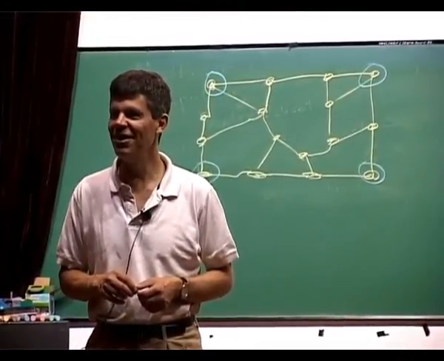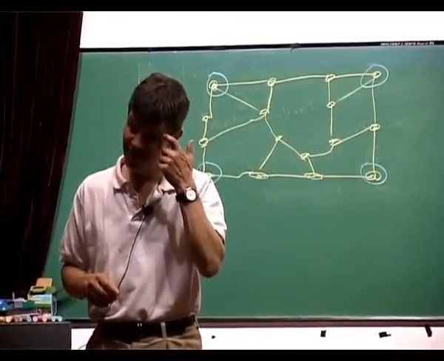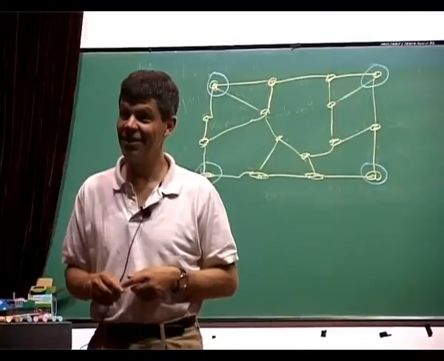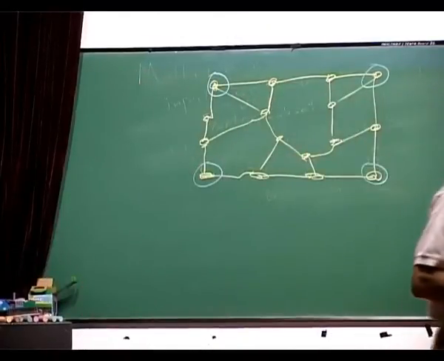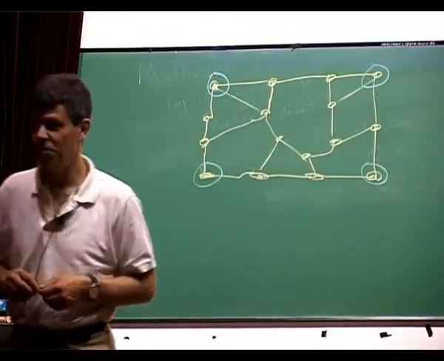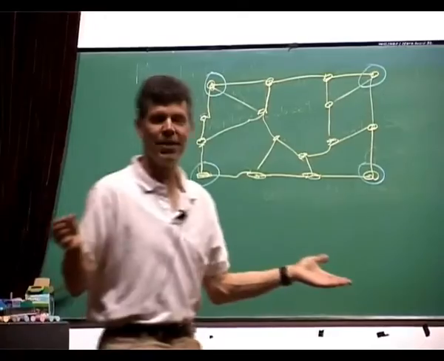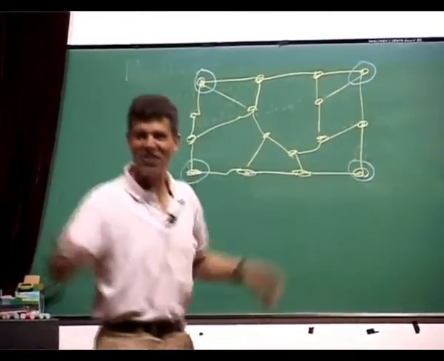Suppose you knew opt. Contract edges which have size greater than the maximum edge. No. But suppose you knew opt. That's a great starting point. We contract the non-opt edges. Yeah. Contract the non-opt edges.